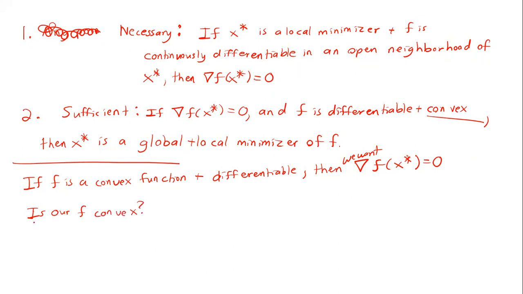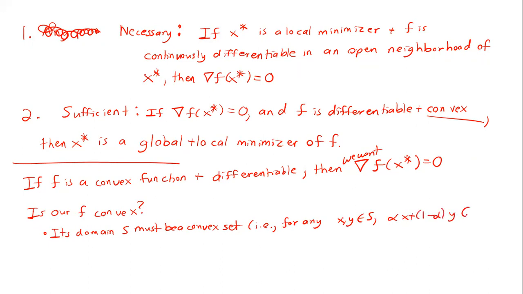To remind ourselves what this means, its domain S must be a convex set, meaning that for any x, y in S, alpha x plus 1 minus alpha y is in S for all alpha in 0 to 1.